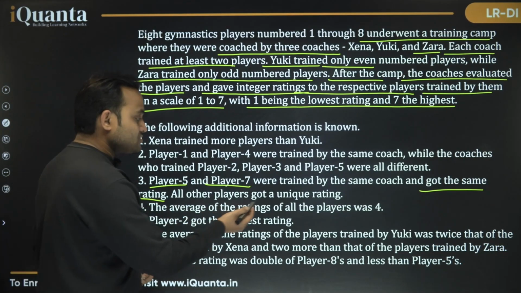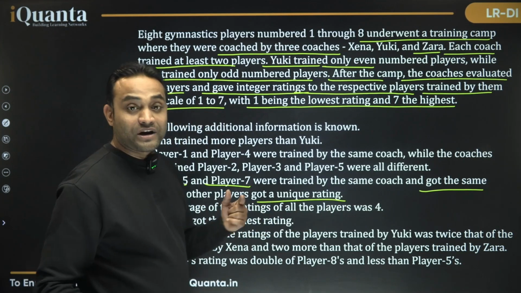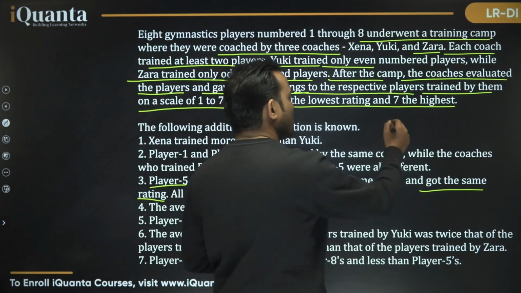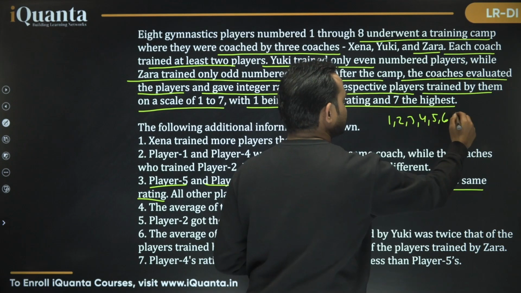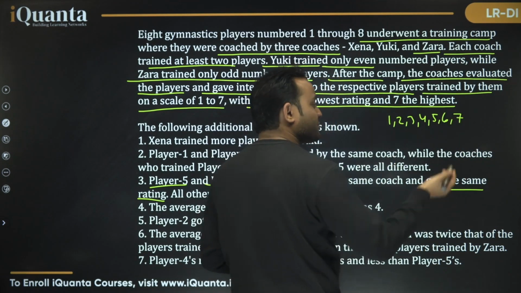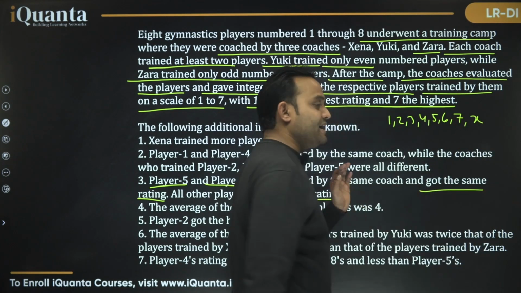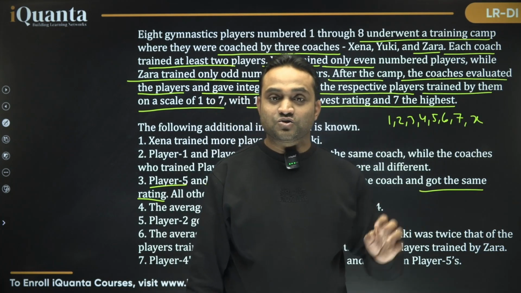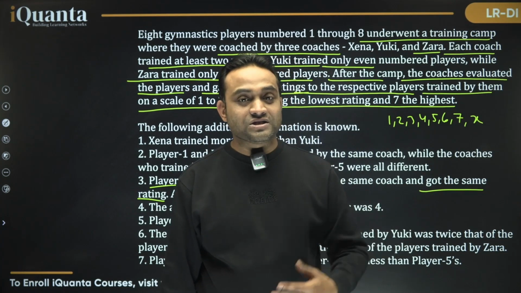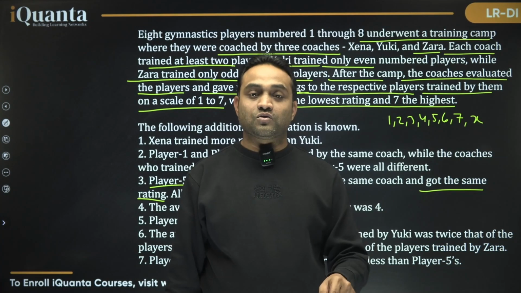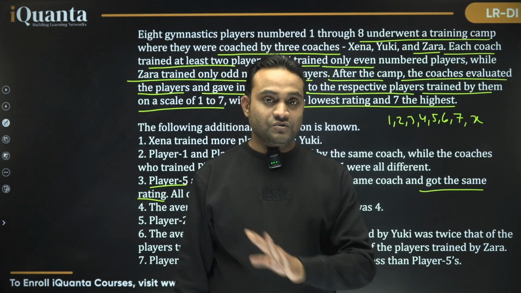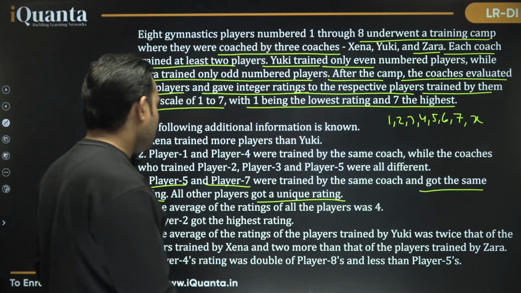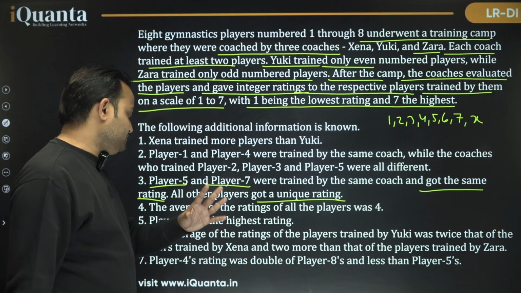All other players got unique ratings. So the ratings are 1, 2, 3, 4, 5, 6, 7 and there is one repetition only. 8 players, 8 ratings given by coaches. So that means one player is coached by only one coach. Okay, not multiple cases. Now more information has been given.